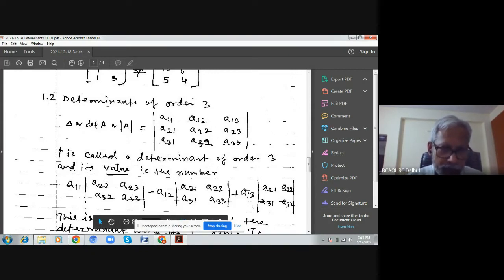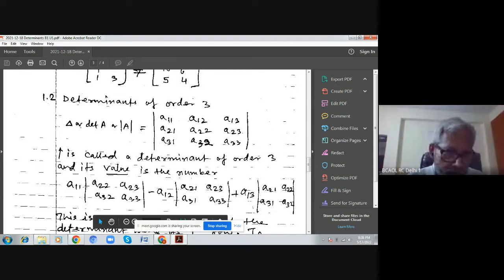And product of this principal diagonal and minus of off diagonal. So then the same process. And A12 is the next element, and A13 is the third element. So only first row we are considering in the case of determinant, not all. Just remember it, in the determinant, only first row we are considering, not all elements.